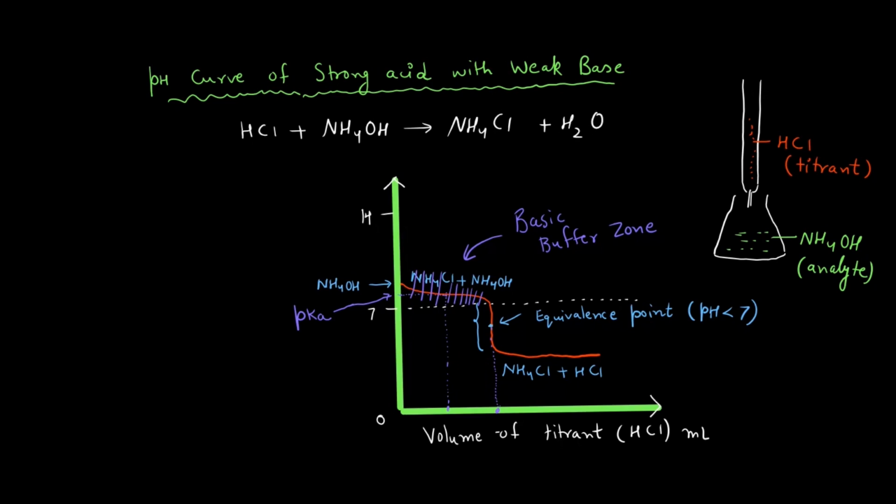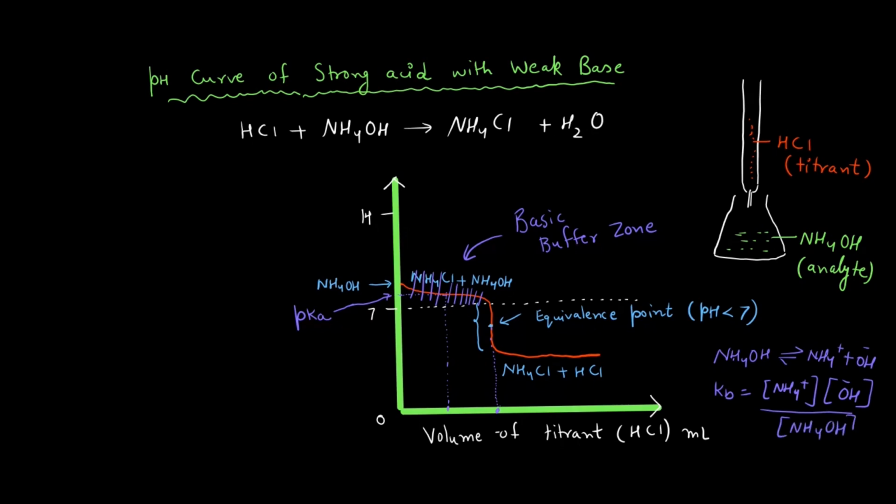So we know that ammonium hydroxide is a weak base, so it will partially dissociate into ammonium ion and hydroxide ion. We can write the equilibrium constant for this base as ammonium ion multiplied by OH negative ion divided by the concentration of ammonium hydroxide.